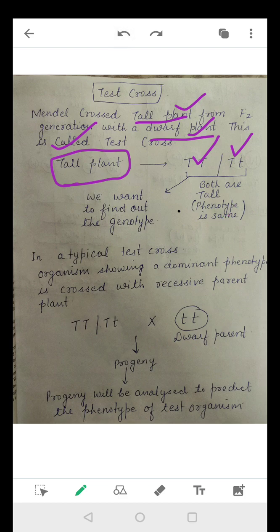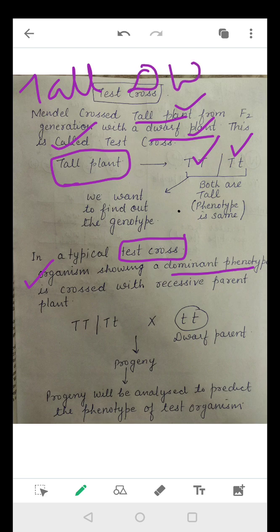Now coming to a very typical test cross. Okay, so typical test cross will have organism showing a dominant phenotype. Dominant phenotype means, suppose we are talking about tall and dwarf. So what is the dominant phenotype? The tall.